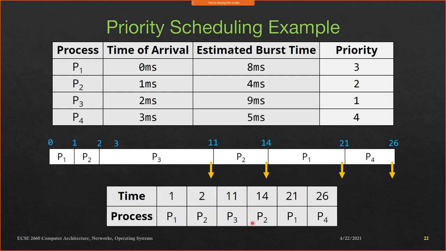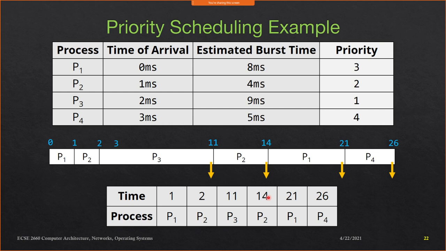The way you read it is, for example, P2 is on the processor for 17 milliseconds. Again, you can use this data to find out the average waiting time and all of those things.